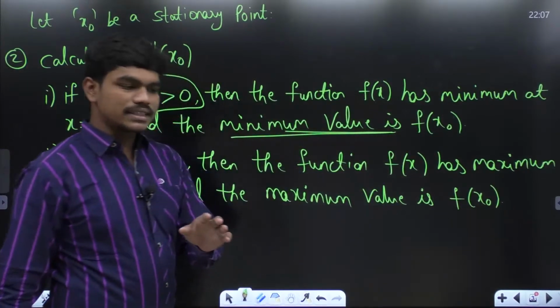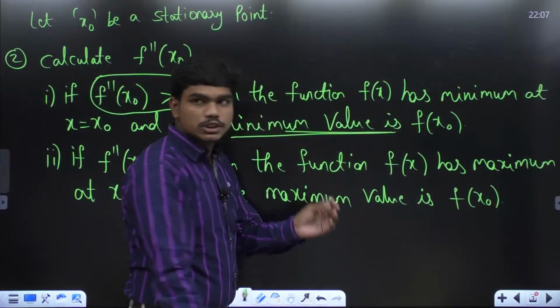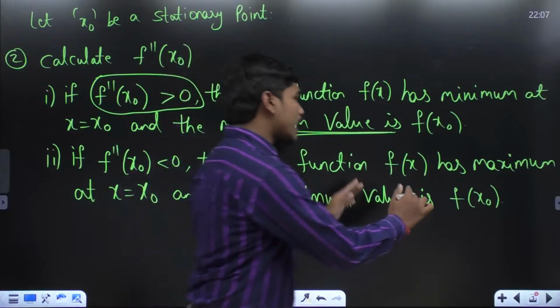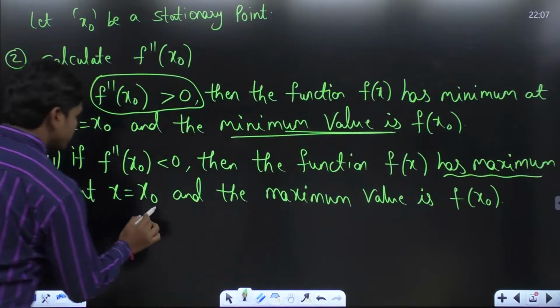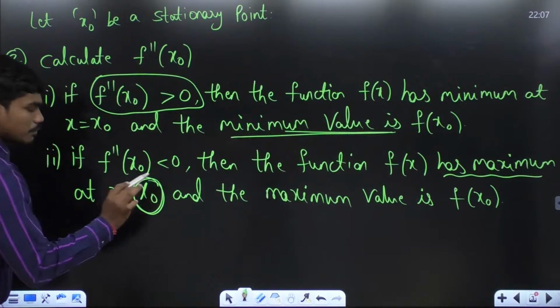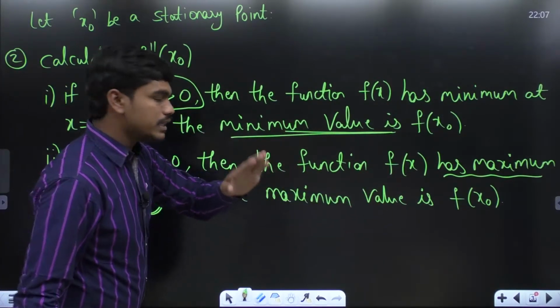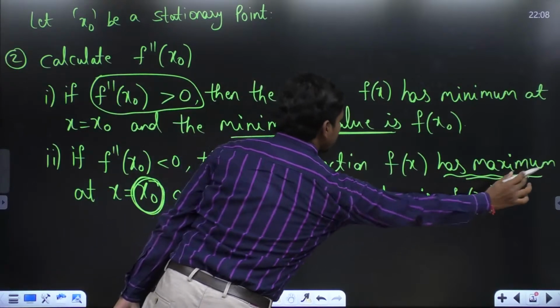Sometimes in exams they'll ask you for something like this. Sometimes they don't ask you for the maximum value, they'll ask you the point or the value of x at which it is maximum. If they're asking you the point where this f of x has maximum, your answer should be this x naught. You need not enter this f of x naught, because in the questions they'll be asking you for this value of x where this function attains a maximum.